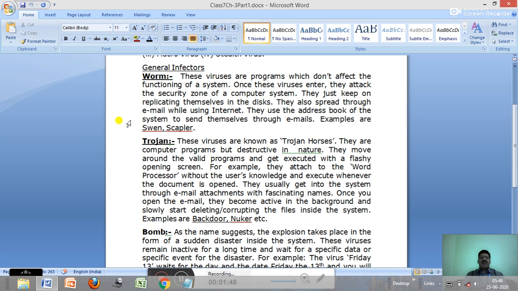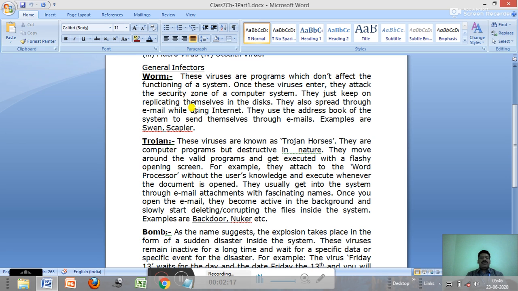They just keep on replicating themselves in the disk. In the hard disk, they keep on increasing in number. Replicating themselves means they keep on increasing in number. They also spread through email while using the internet. Suppose you are using the net on your computer, and you receive a spam mail or unwanted mail of which you do not know the source.